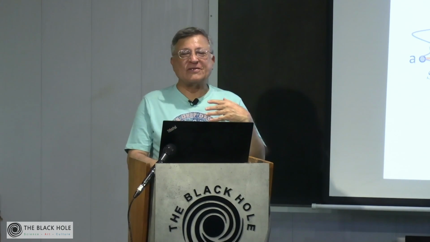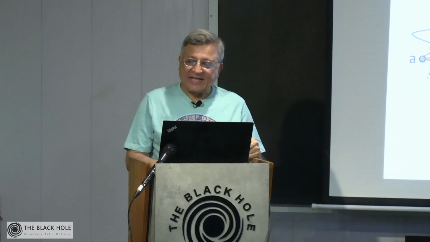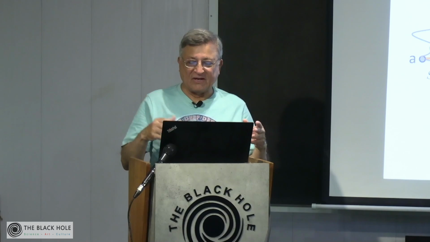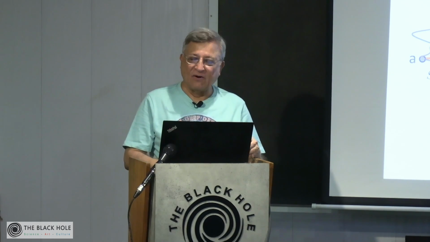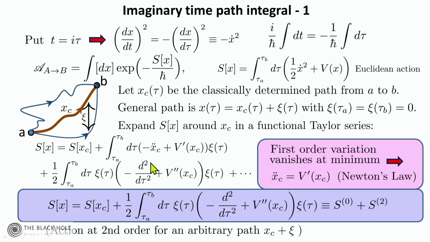So you see, this is good or bad, I don't know how you see it, but this is Newton's law standing on its head. Okay, so the first order is gone, which means that the expansion of the action is the action along the classical path plus deviations from the classical path, with this operator sandwiched between xi here and xi here.